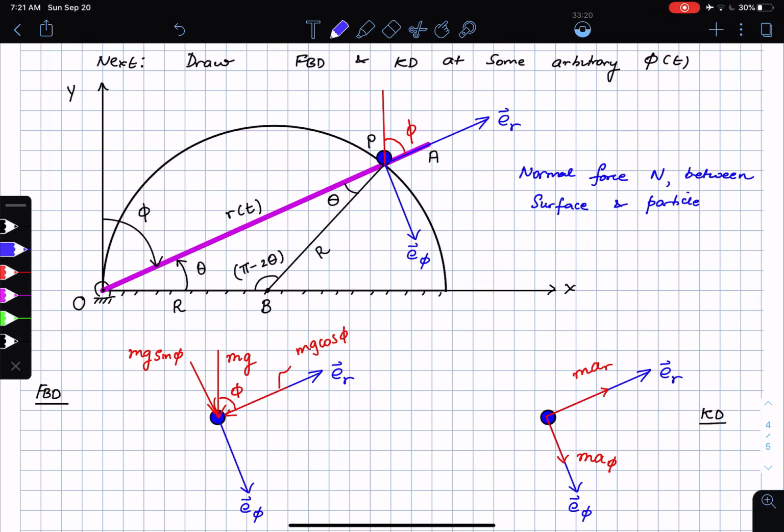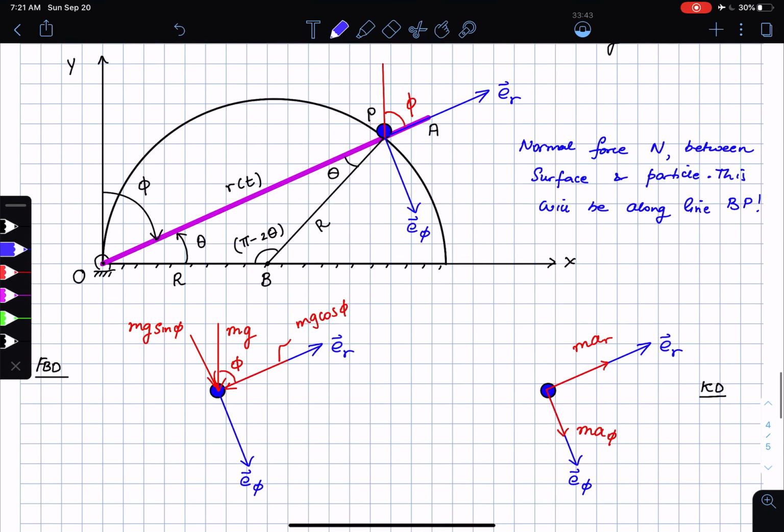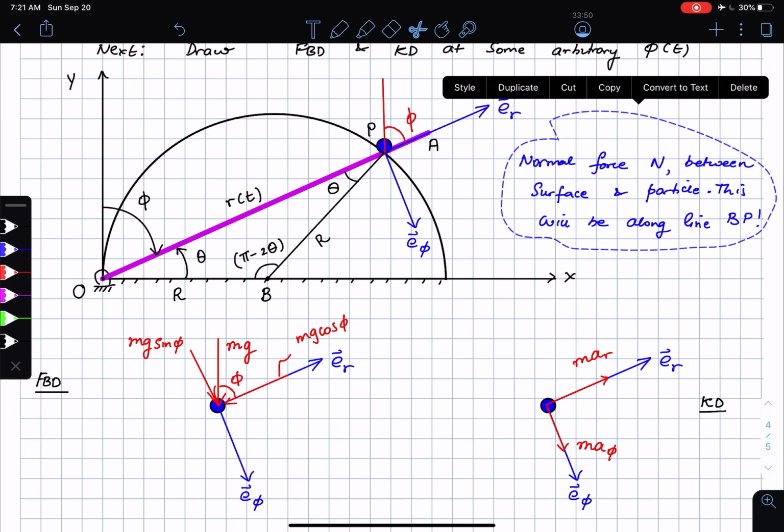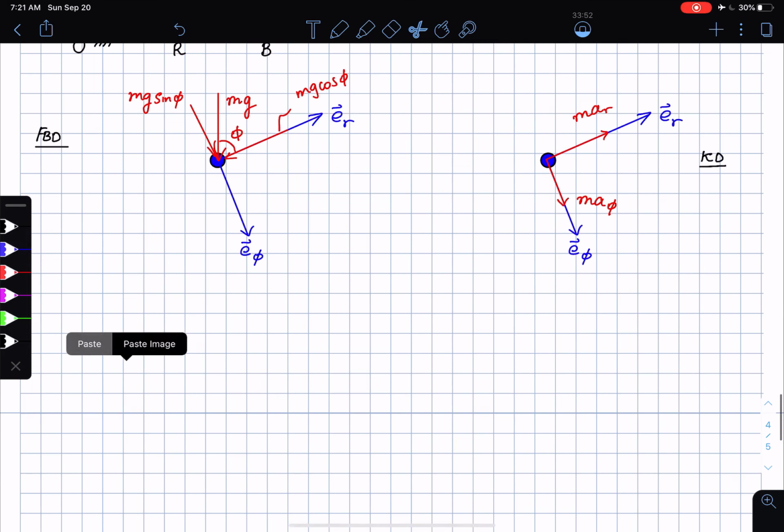This will be along the line BP. I hope that makes sense. And then there will also be a contact force between the rod and the particle in the E phi direction. So that is also an important thing. I need to have some space to write it out, so let me bring this guy, cut that and bring that down here.